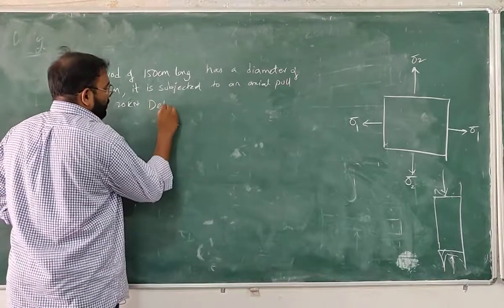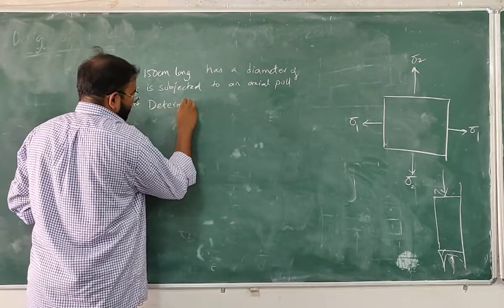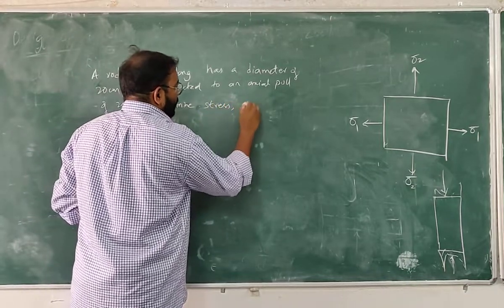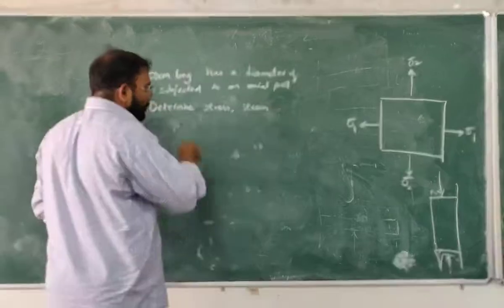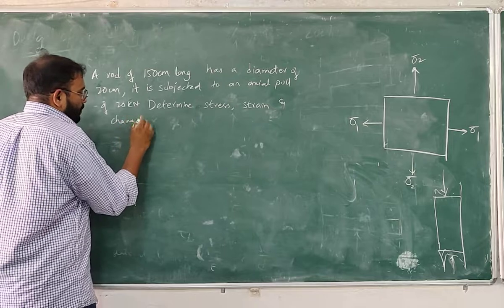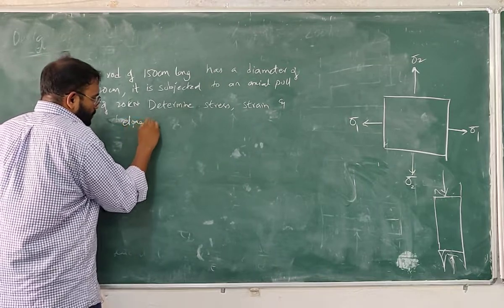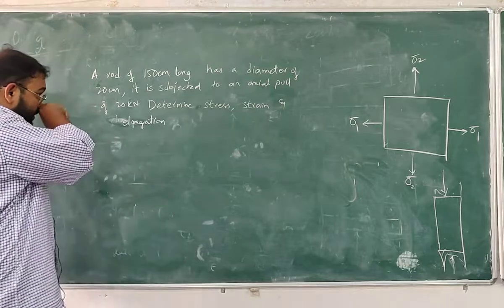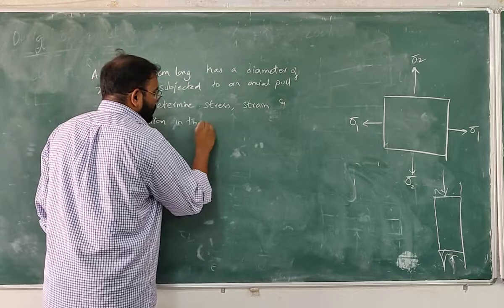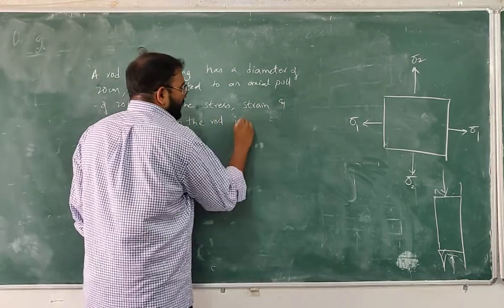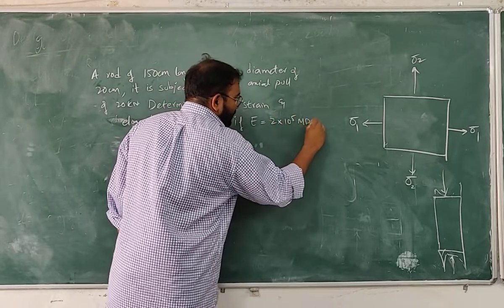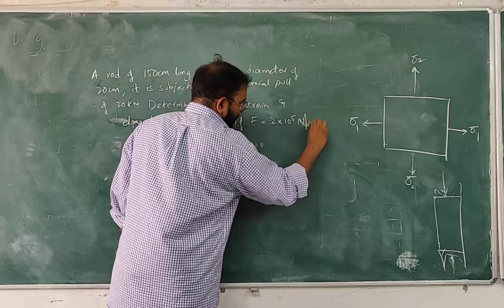Determine stress, strain and elongation in the rod if E is equal to 2 10 to the power of 5 Newton per millimeter square.